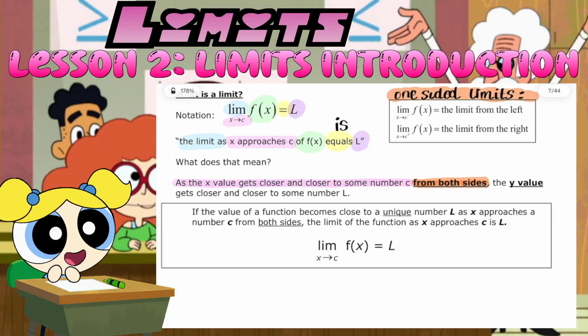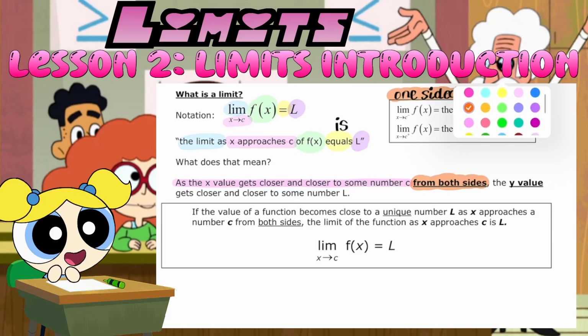One-sided limits. Now that means we can look at a limit as coming from the left or from the right. So when we say from both sides, we actually mean one at a time, okay? We're going to do from the left, we're going to do from the right, and that's going to be each side individually, right?